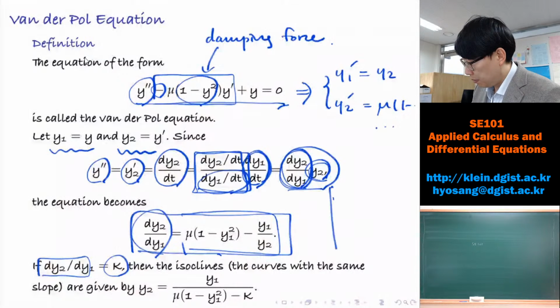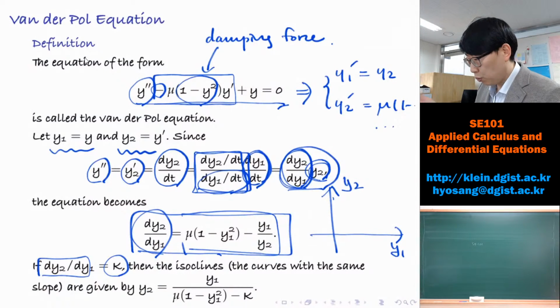If I make a plane whose horizontal axis is y1 and vertical axis is y2, although again y1 and y2 come from the same function y, but I'm taking them as separate variables, then dy2 over dy1 measures the slope of the curve inside of this y1, y2 plane.